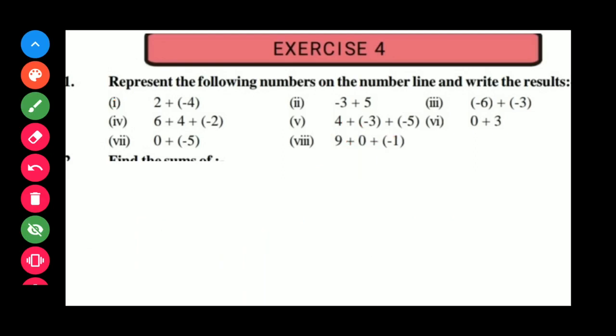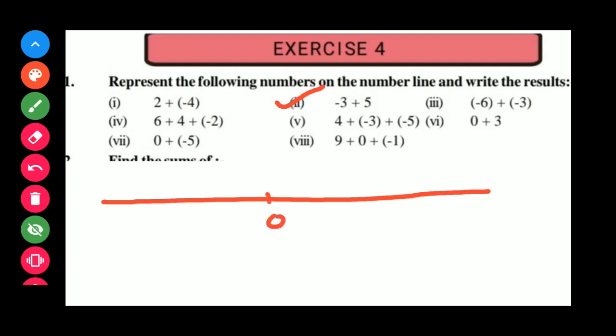Now come to the second part, this one, -3 + 5. How can do -3 + 5? First of all, you can draw a line. That is 0, -1, -2, -3, and here is 1, 2, 3, 4, and 5.